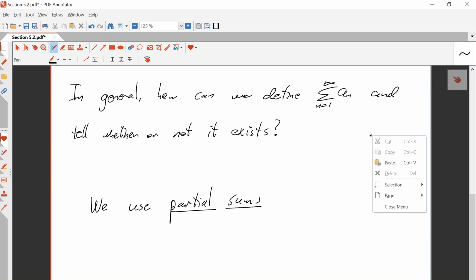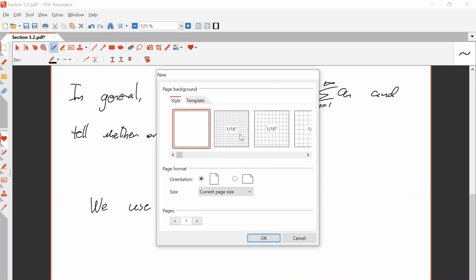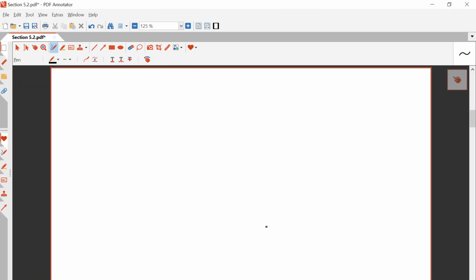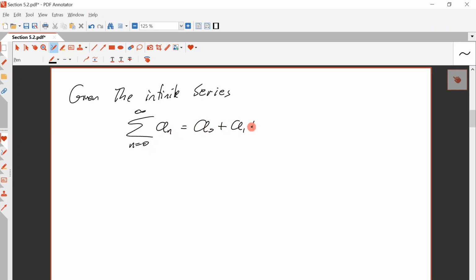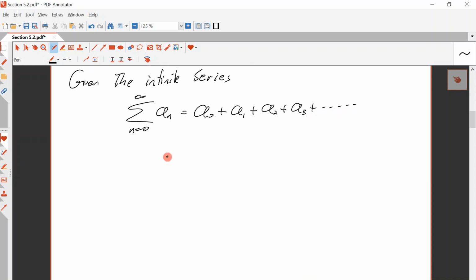So given the infinite series, the sum, let's start at 0 this time, we could start at 0, of a_n, which is equal to a0 plus a1 plus a2 plus a3, so on and so forth.